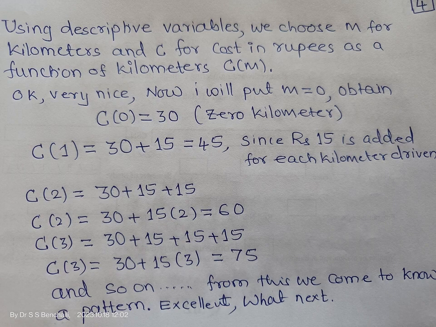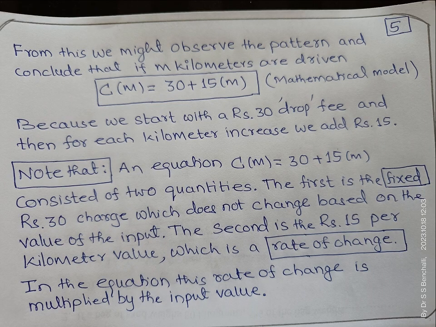Excellent. What next? From this, we might observe the pattern and conclude that if m kilometers are driven, we get the equation c of m is equal to 30 plus 15 times m, because we start with a 30 rupees drop fee. Drop fee means for the first 2 kilometers we have paid 30 rupees.